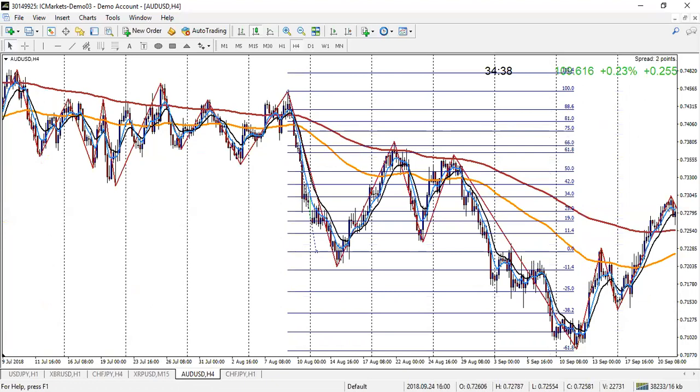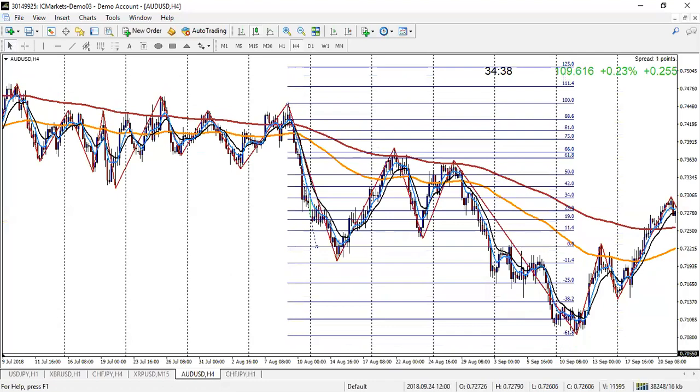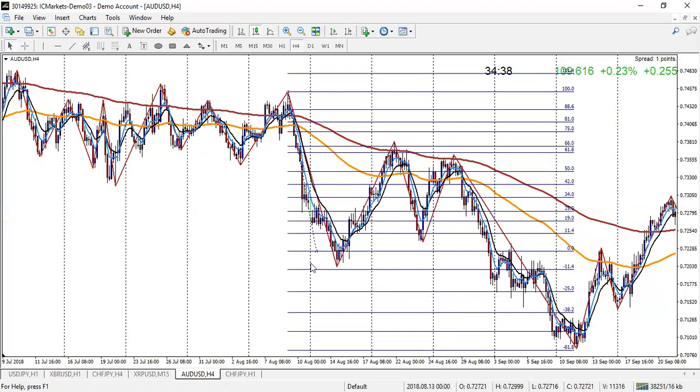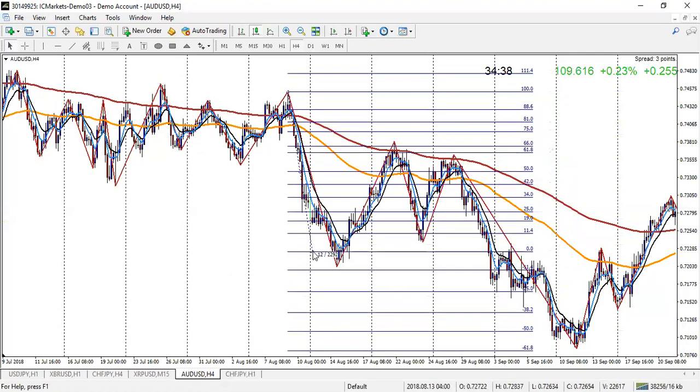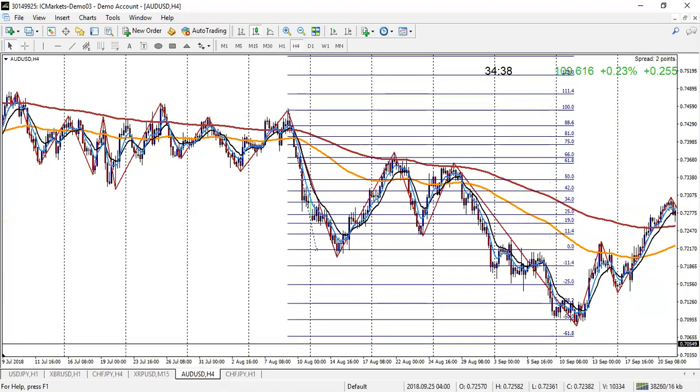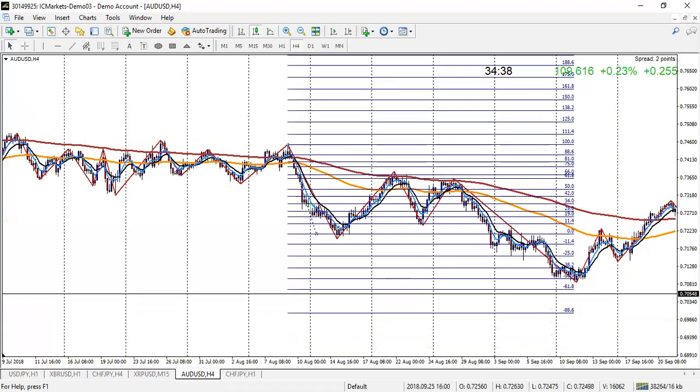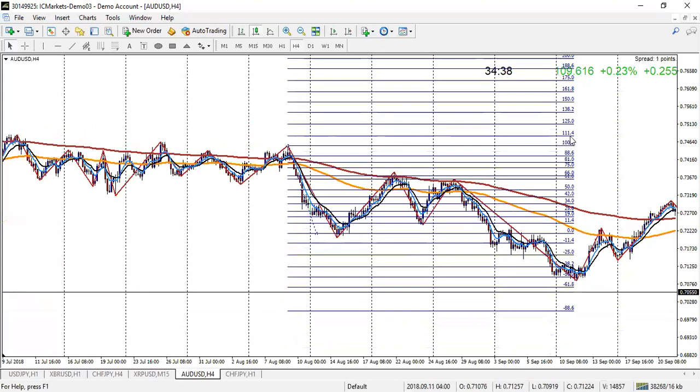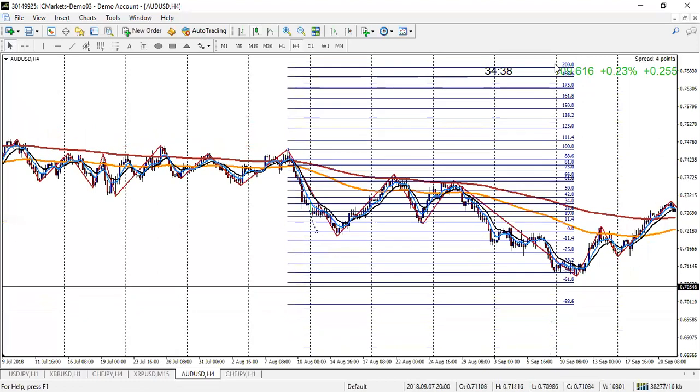In the negative, I've added negative 11.4, negative 25, negative 38.2 and negative 50, and negative 61.8, which most people should already have. In the larger numbers, I've added 111.4, 125, 150, 175, 188.6, and 200.